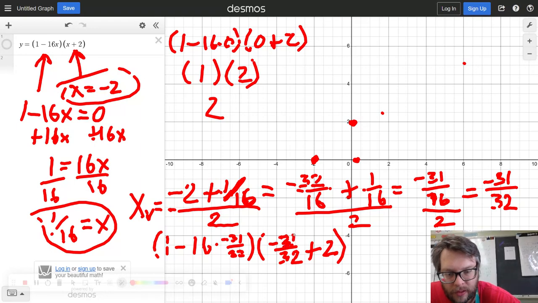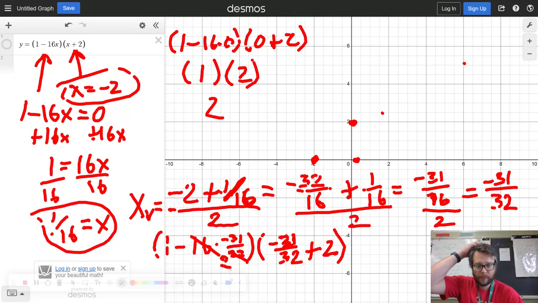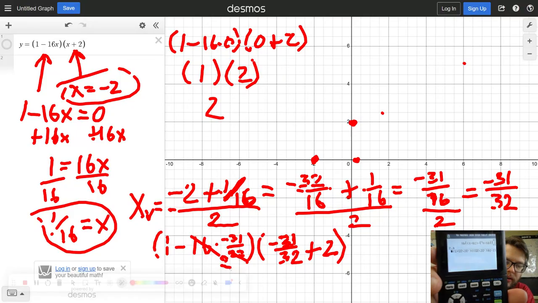Okay. 16 goes into 32 twice, so I just have a 2 on the bottom. But at this point I just feel like using a calculator. I don't need to prove that I can do fractions. So I'm just going to type in, okay, please look at how I type that in, everybody.